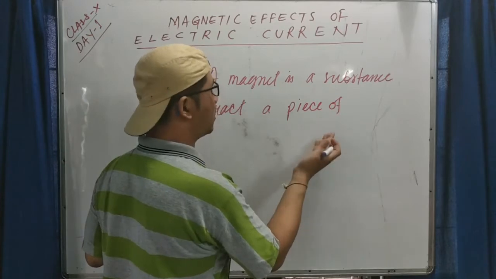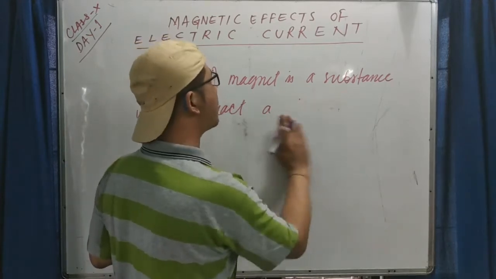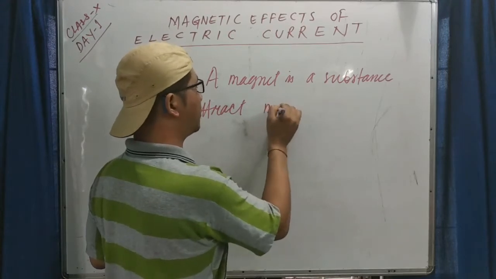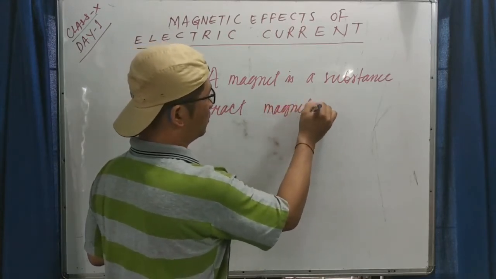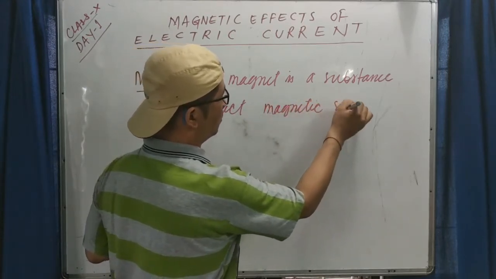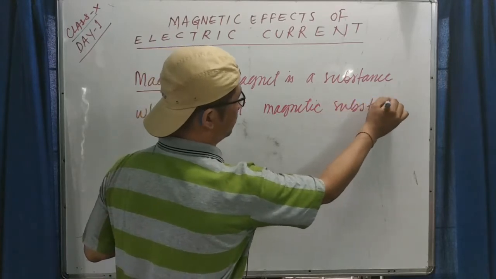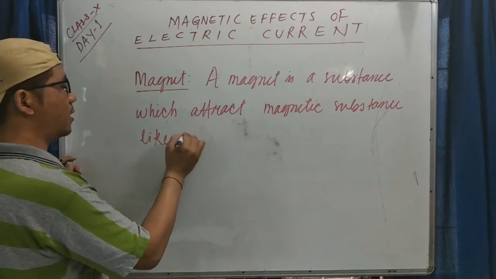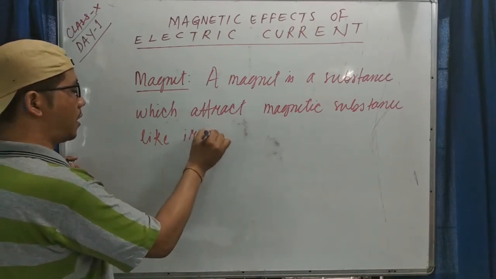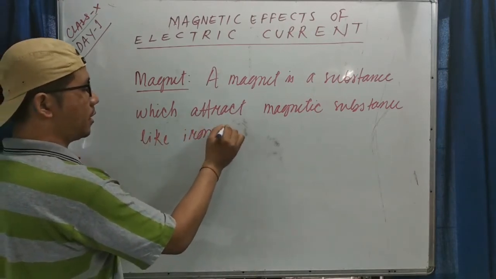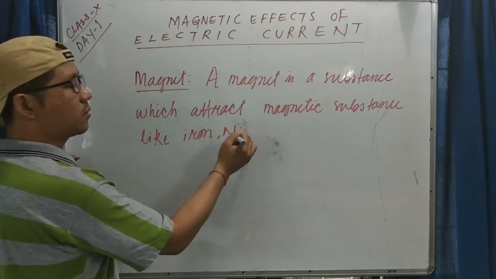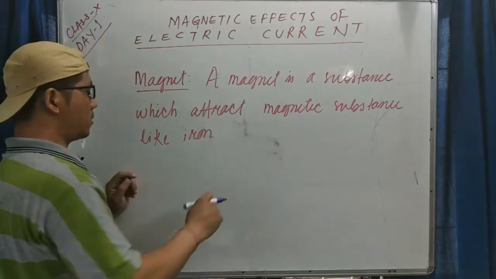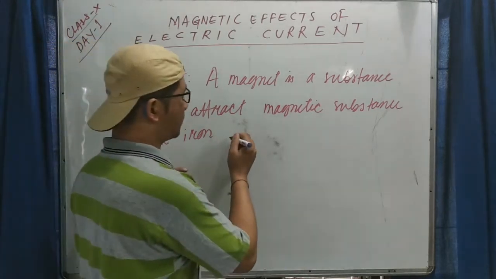Not only a piece, we can simply say it is that which attracts a magnetic substance like iron, nickel also you can say, or chromium also.